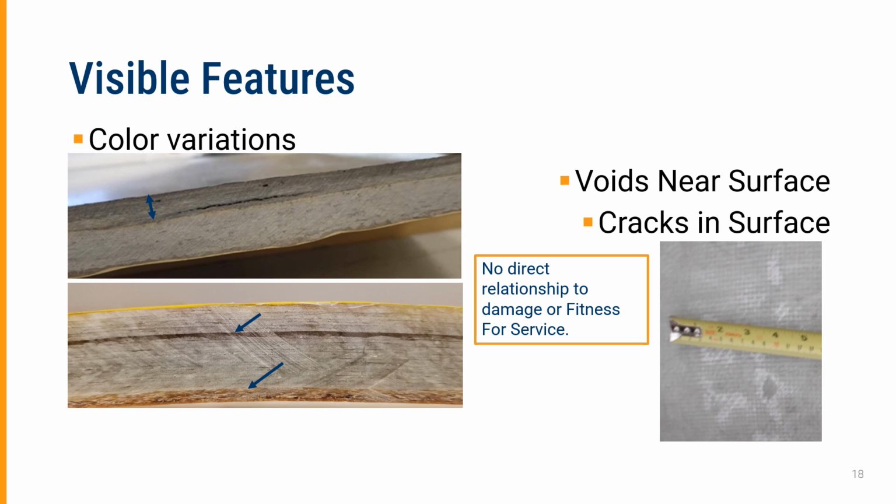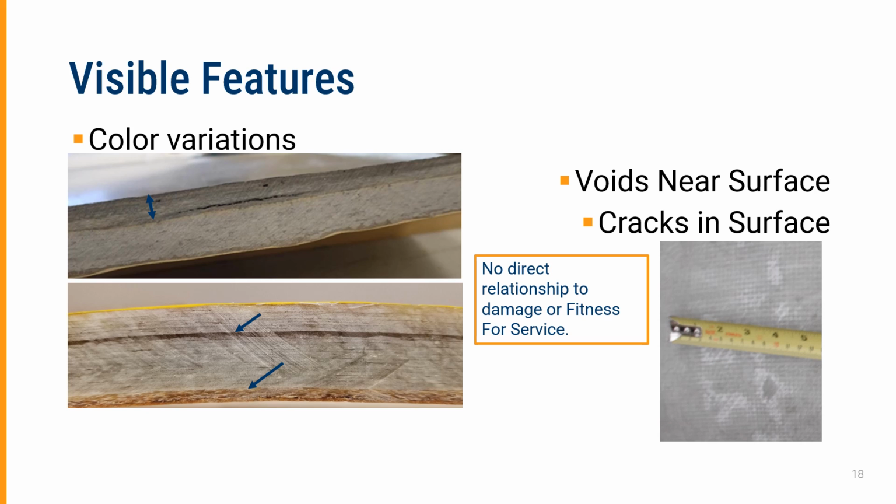It doesn't play any role at all in making this FRP fit for service or not. There's no direct relationship to damage or fitness for service from any of these color variations. There's no documented evidence that allows us to make a determination as well.